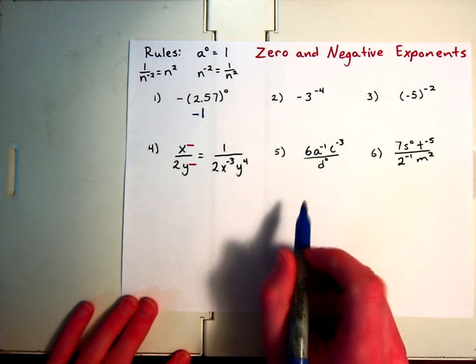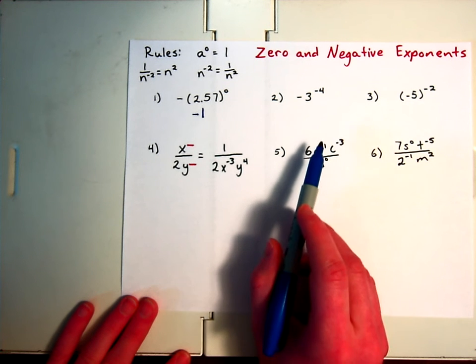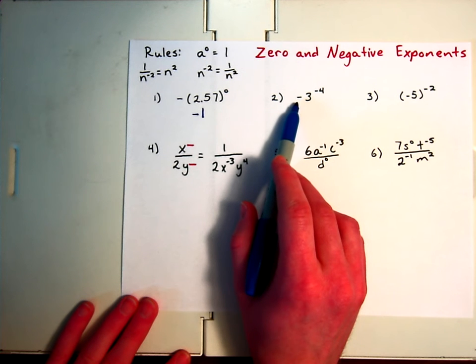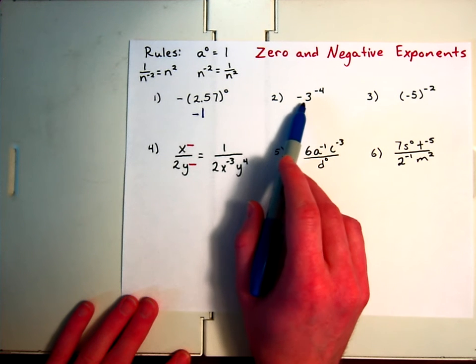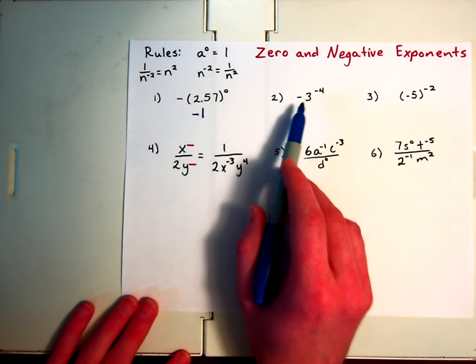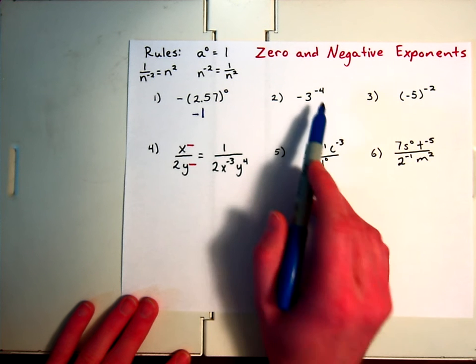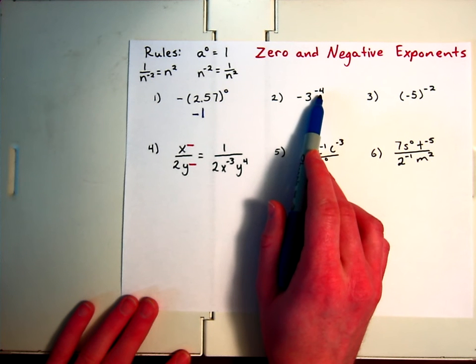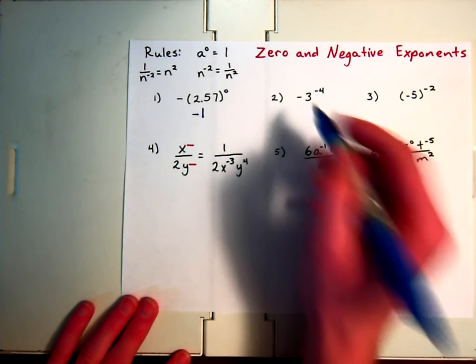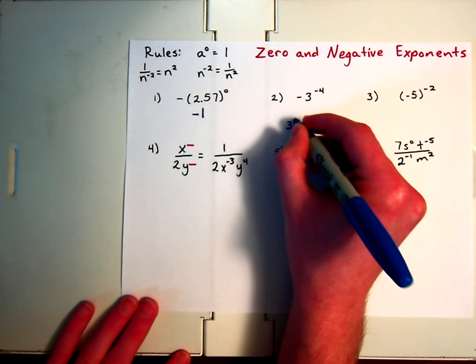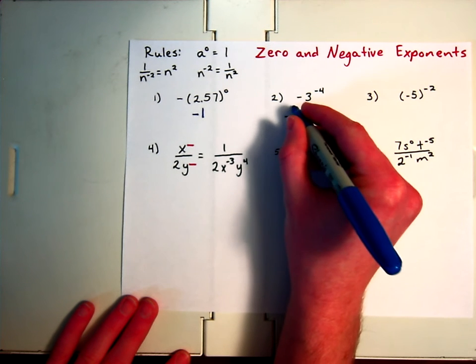Moving to number 2, we see negative 3 to the negative 4th power. Since that negative sign, again, is not associated with that 3 (in order for it to be, it would have to be within parentheses, similar to problem 3, where we see negative 5 with the negative sign in parentheses), what will happen is, since we have a negative 4 as the exponent, it's going to send that 3 to the denominator. So it's going to become 3 to the 4th power, underneath 1.